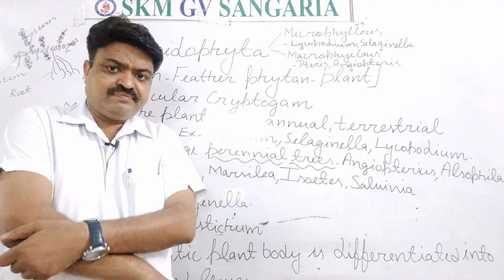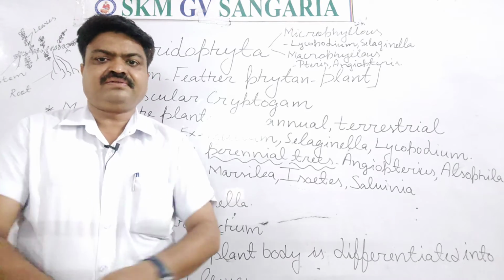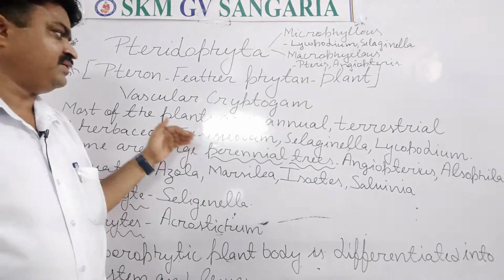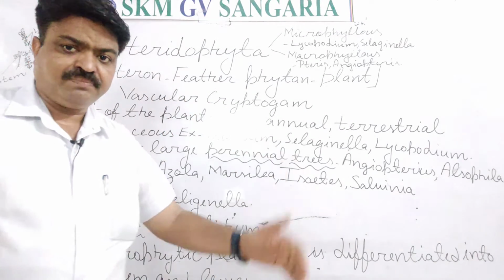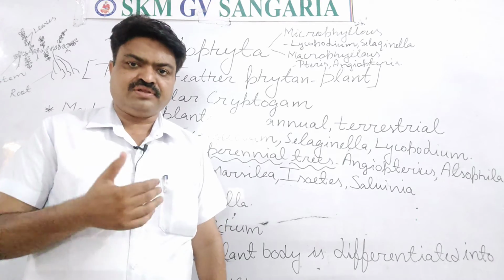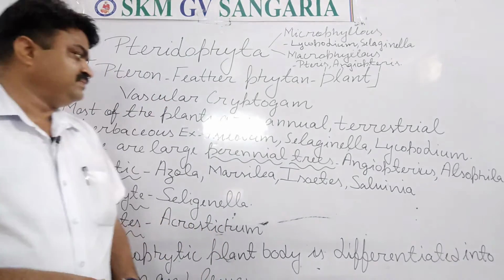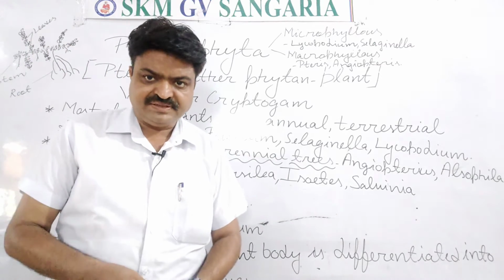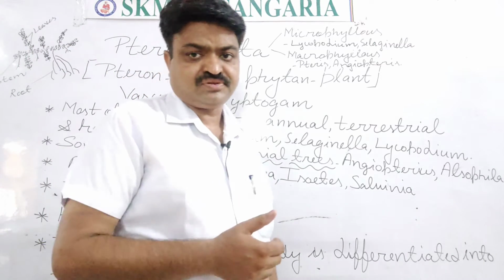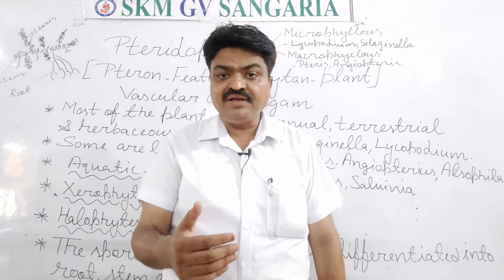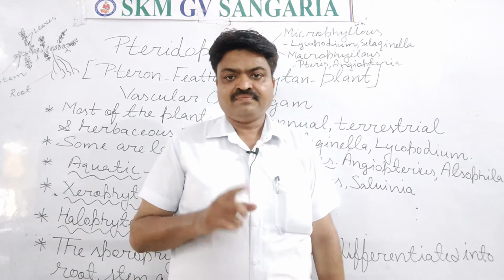The plants that come in the pteridophytes are annual plants, and most of them are terrestrial in nature, meaning they are found on land. They have a herbaceous stem. Herbaceous means they have a green and tender stem.